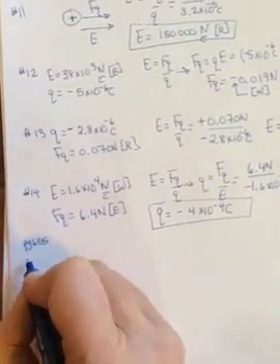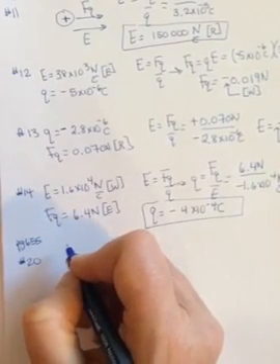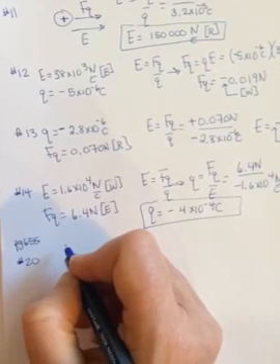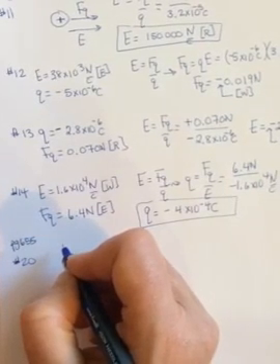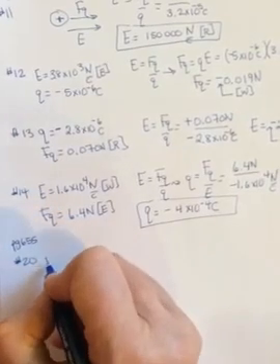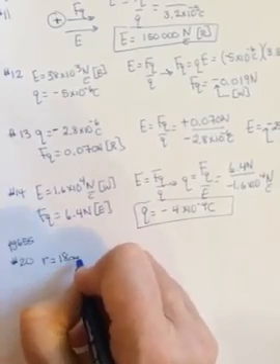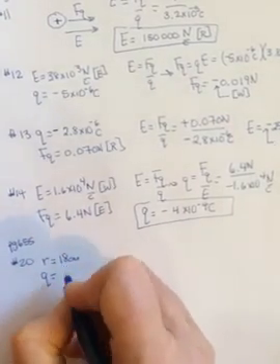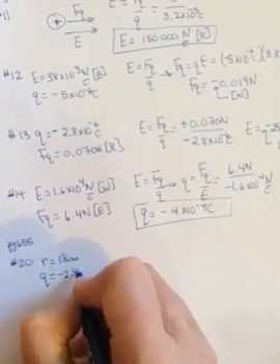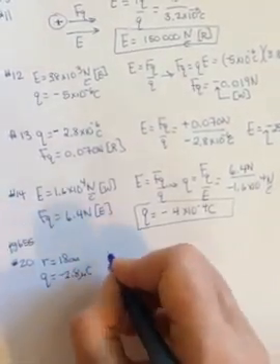I asked you to do number 20, which says calculate the electric field intensity at a point 18 centimeters from the center of a small conducting sphere that has a charge of negative 2.8 microcoulombs. So they're giving us an R that is 18 centimeters. Of course, we'll have to change that to meters. And they're giving us a Q of negative 2.8 microcoulombs. This one is the charge that's creating the field.